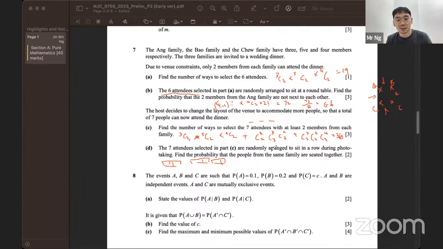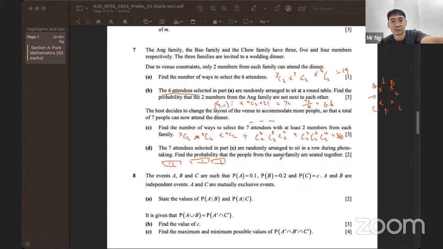Because if it's a conditional probability, then we need to find the likelihood of 6 being chosen versus 1, and the denominator is 6 being chosen.